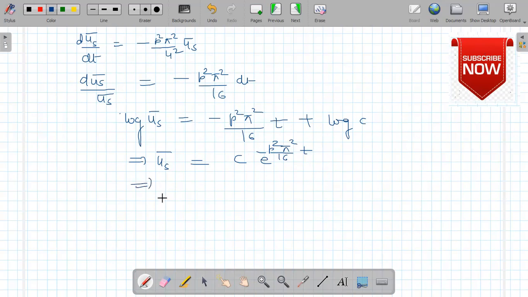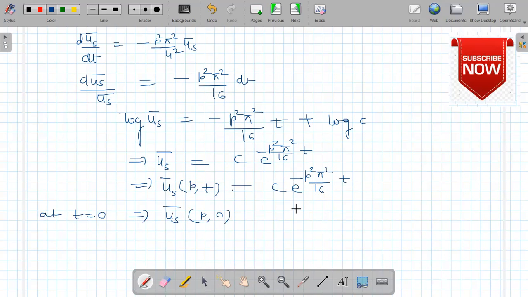So this is nothing but us bar at p comma t. This is c e to the power minus p square pi square over 16 t. When we put t is equal to 0, we have us bar p comma 0. Because we have t here, so we can put t is equal to 0.